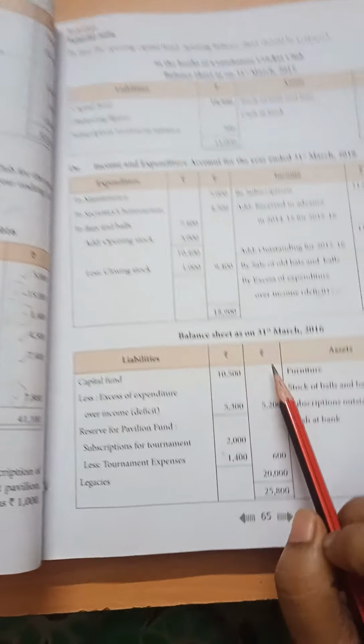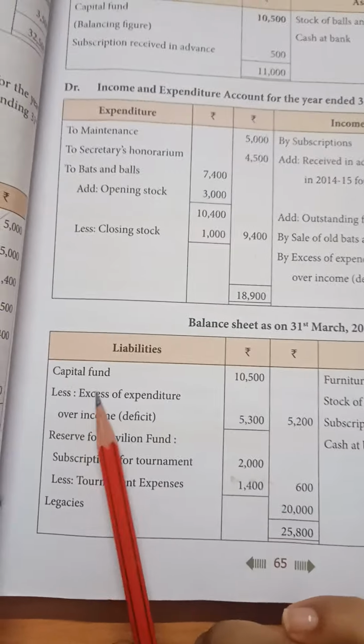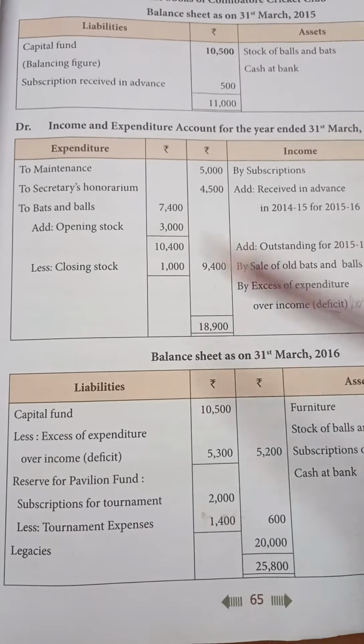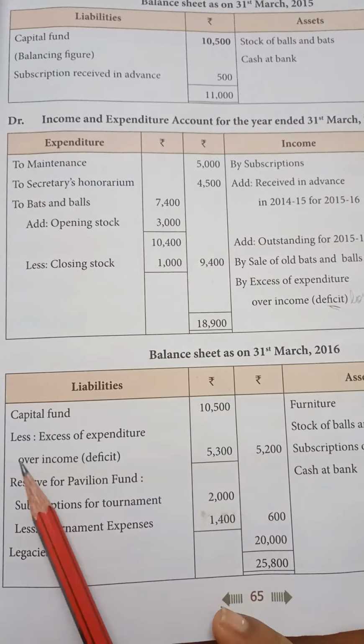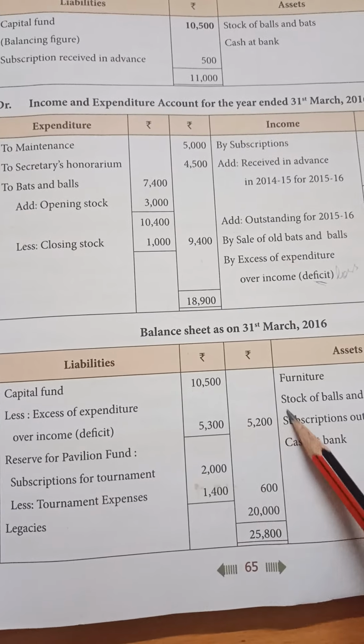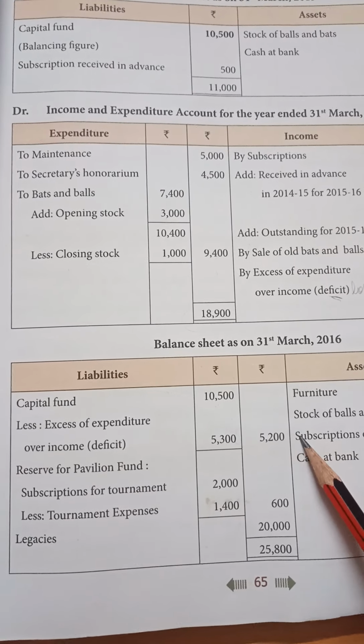Then coming to the balance sheet, that is your closing balance sheet, you will take up the capital fund that we have found here, okay, opening capital 10,500 less the loss 5,300, so you will write it in the outer column as 5,200.